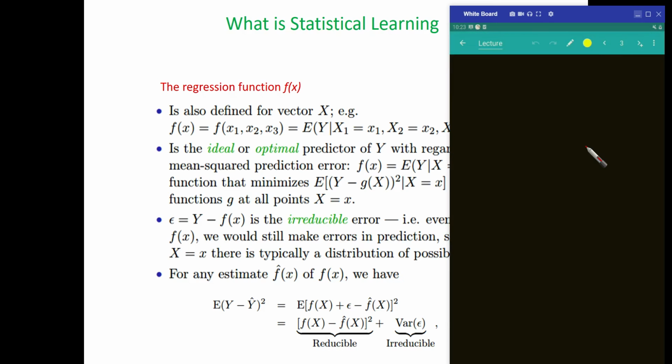Think about it like this. By the way, we have a little notation: let's say this is our true function, our true relationship between x and y. And definitely we know that there is some error term. So this f we would like to estimate, right?